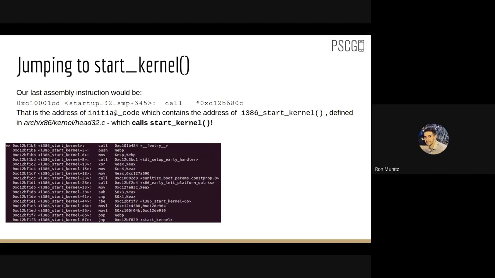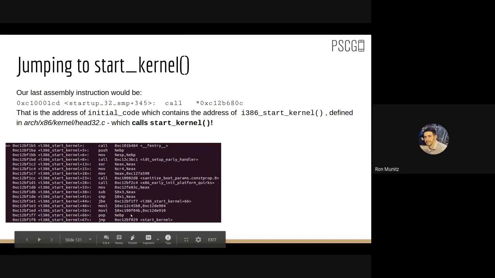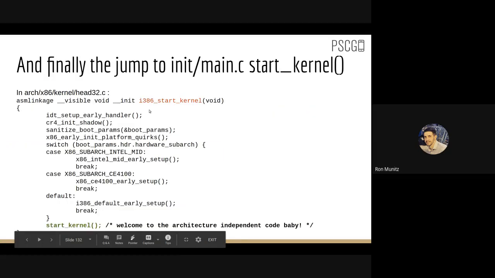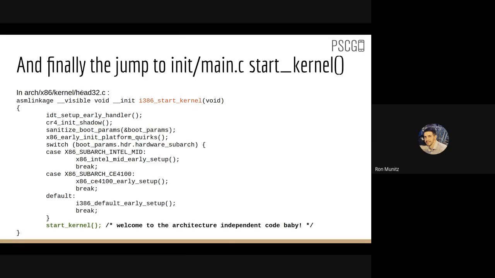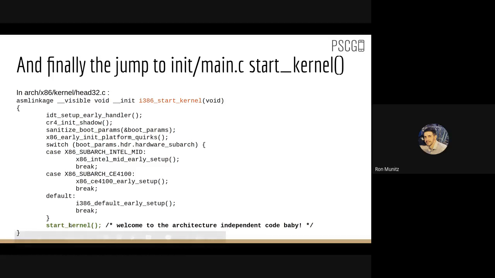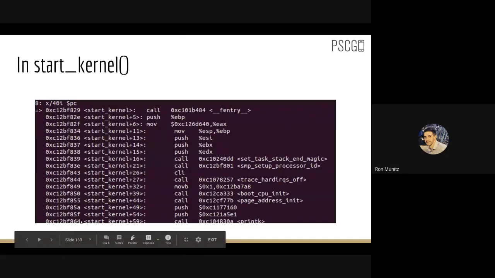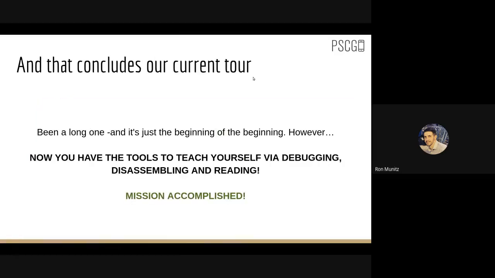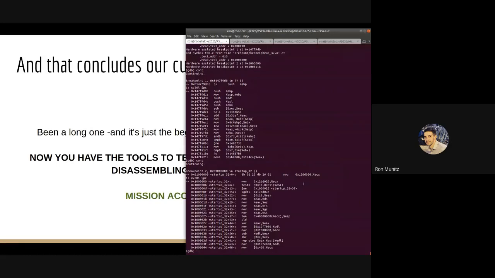And inside of it, there is an address that we jump to, that is this one, C12BF1B5, okay? And this address will call start kernel. This start kernel will be in head32.c, and we'll call start kernel that we know from Linux, okay? Which will look like this. So I'm going to show this, and after that, our mission would be successfully declared as very successful, okay?